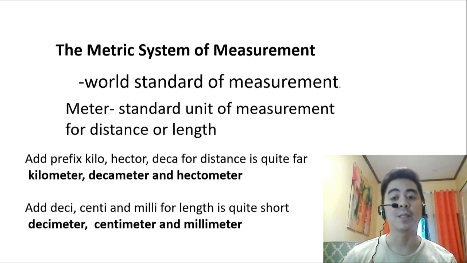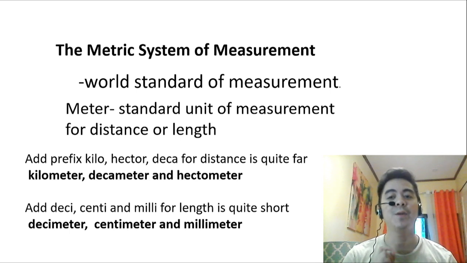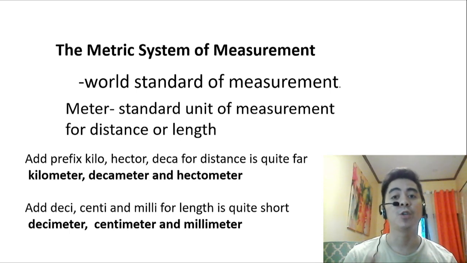For distances that are quite far, we add the prefixes kilo, hecto, and deca, like kilometer, hectometer, and decameter, which are more than a meter. For lengths that are quite short, we add the prefixes deci, centi, and milli, like decimeter, centimeter, and millimeter.